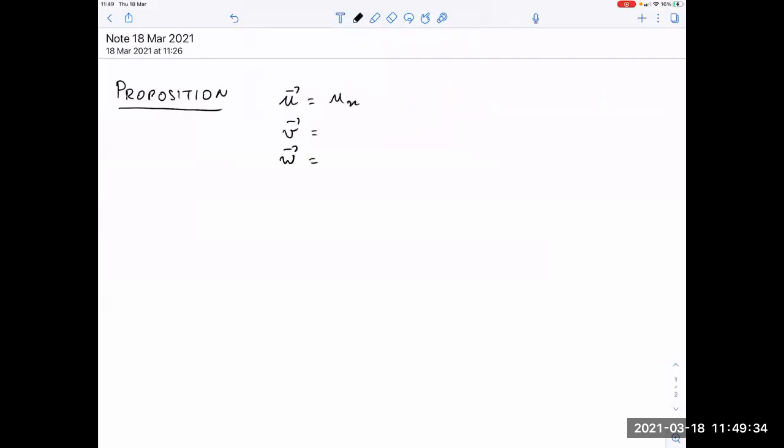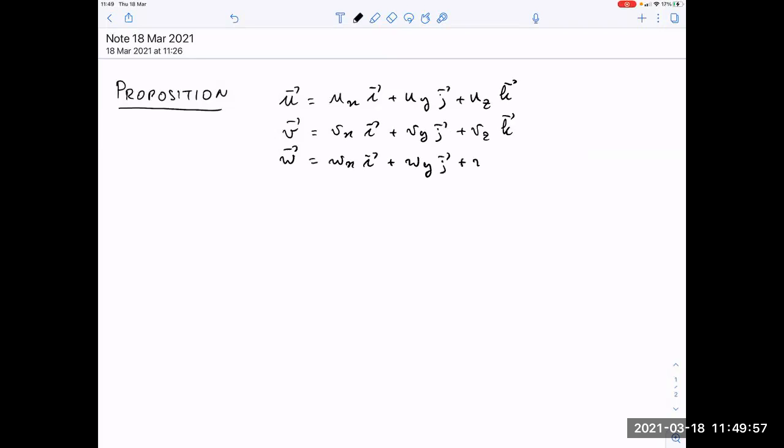So uxi, uyj, uzk, vxi plus vyj plus vzk, and wxi plus wyj plus wzk.